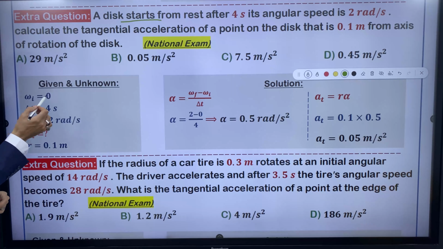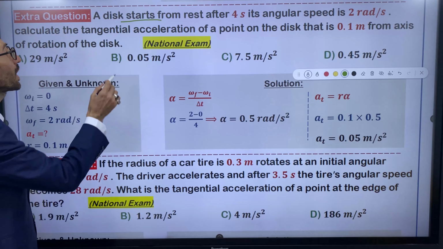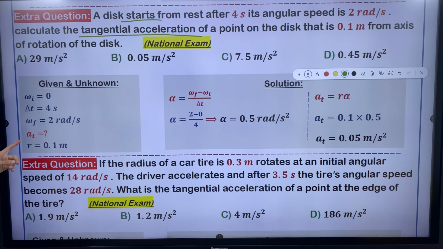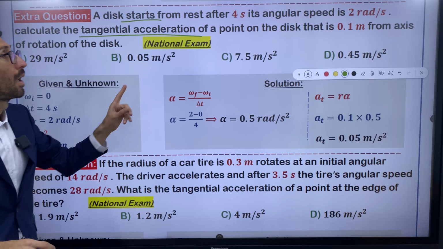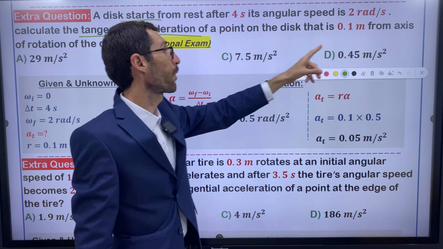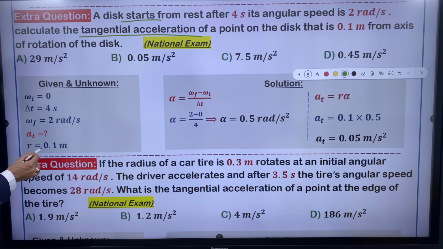So it speeds up to 2 rad per second. Calculate the tangential acceleration, AT, of a point on the disk that is 0.1 meters from the axis of rotation of the disk. So r is equal to 0.1 meters.